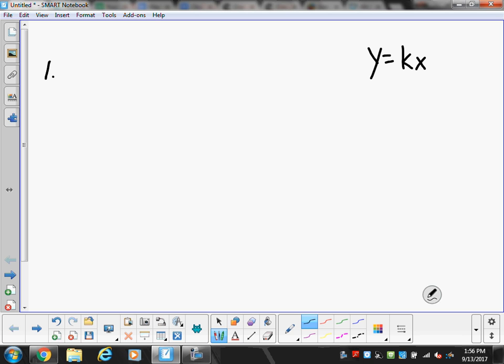Okay. So number one has 3y plus 2 equals 2x. If I am trying to get y by itself, what's the first thing I need to do? Subtract 2, and you're subtracting it from both sides.